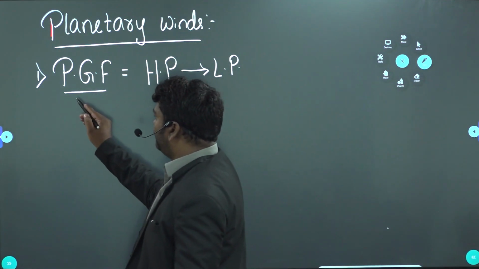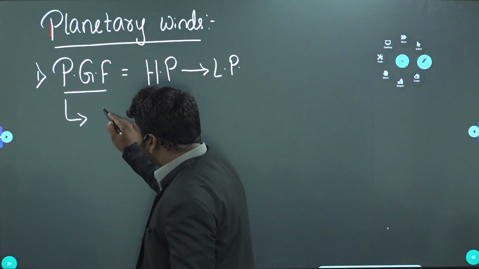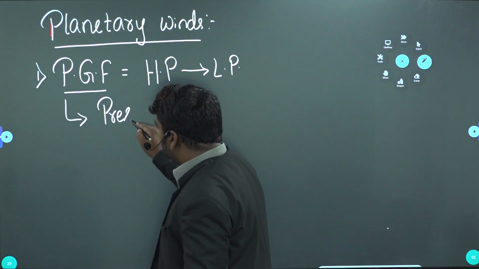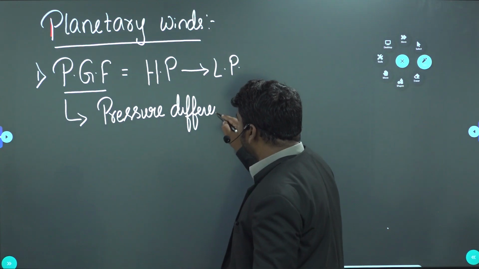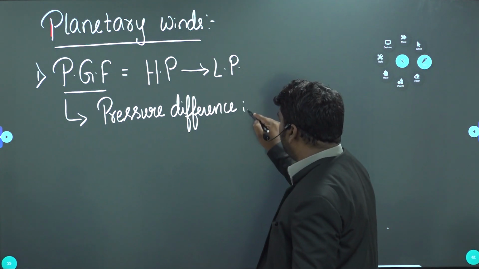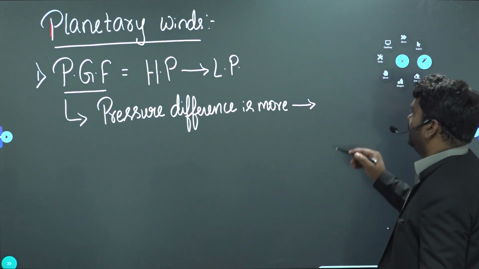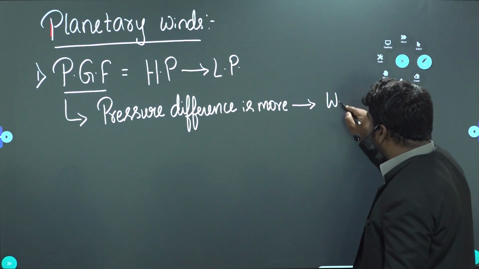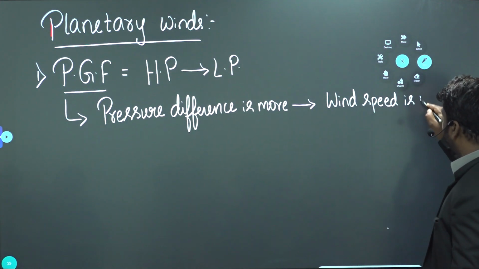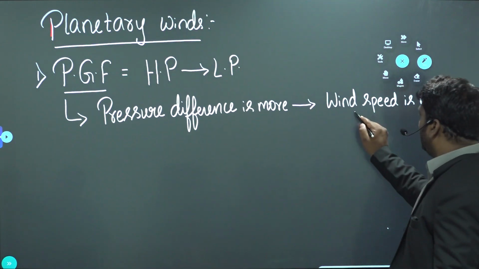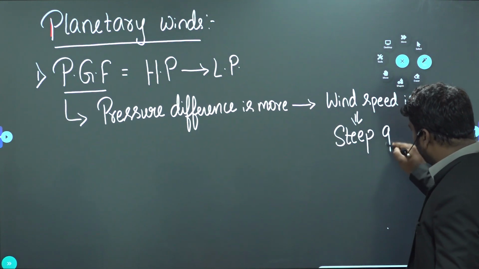Second, pressure gradient force also tells us that whenever pressure difference is more, then wind speed is more. And it indicates steep gradient.